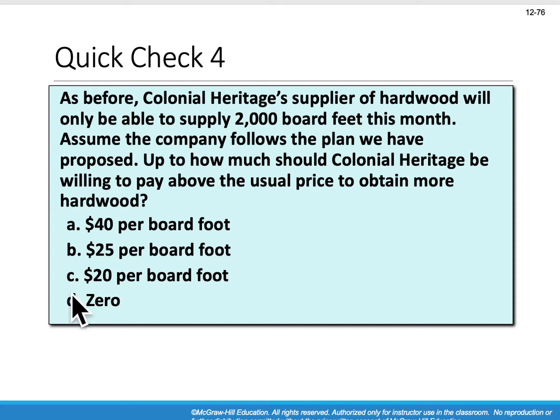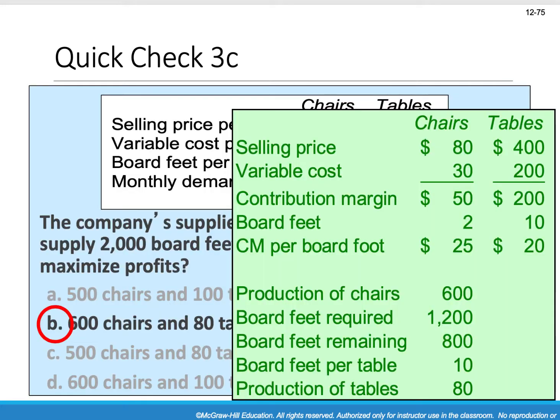Well, let's think about that. We already mentioned we have to figure out the contribution margin, right? So we already know that chairs, we're good. We're producing all 600 chairs. It's the tables we're only going to produce 80 of.